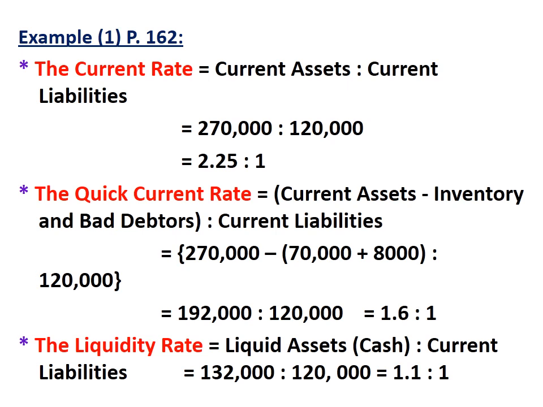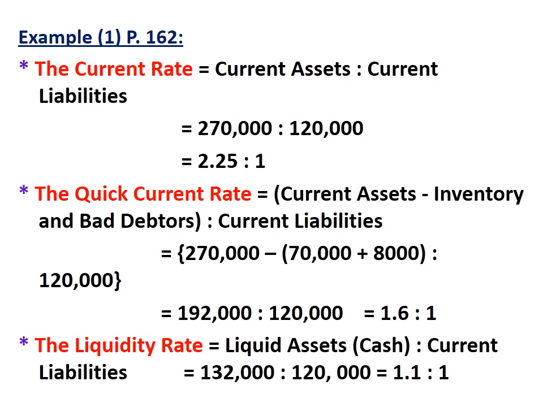In the second rate is current assets after deducting inventory and bad debtors, not bad debts, bad debtors. So debtors, but we are not sure that they will pay the debt on them. The third one, just the liquid assets, I mean cash, and cash does not mean cash on hand, but cash on hand and cash at bank.